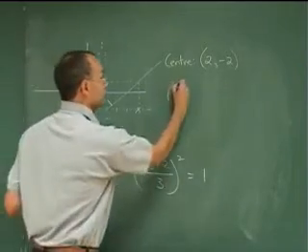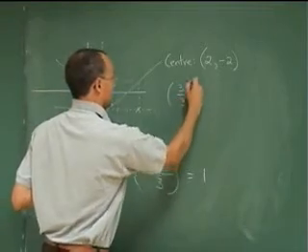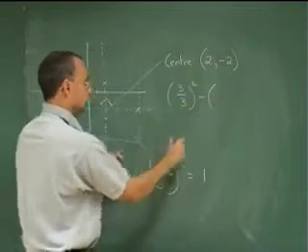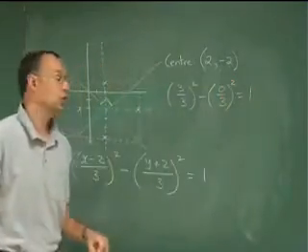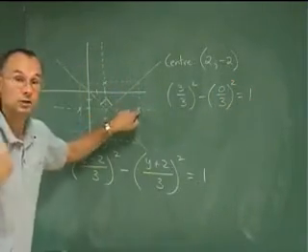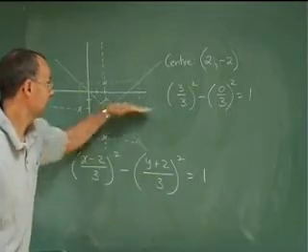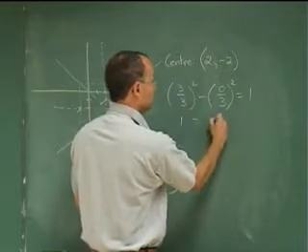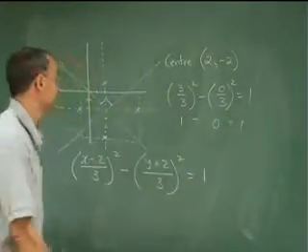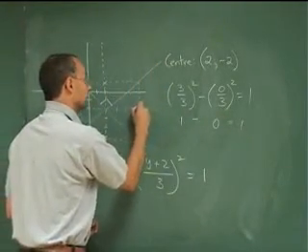I would plug in 3 and 0. And you'll notice I'm ignoring the shifts. All I want to know is, does the point that's 3 units to the right on this x-axis, does it work? And you can see 1 minus 0. Yes, it does. So that is a vertex.